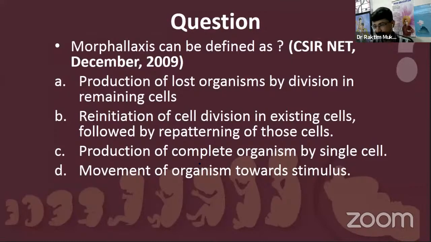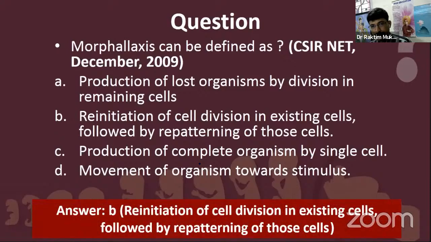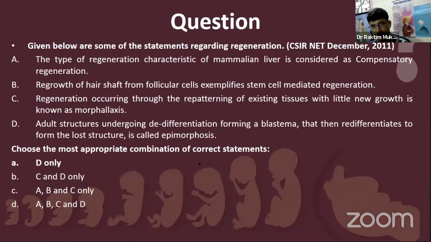The next one, a long one, important, CSIR-NET December 2011. Try to understand and only then answer. Given below are some of the statements regarding regeneration. Fact 1: the type of regeneration characteristic of mammalian liver is considered as compensatory regeneration.